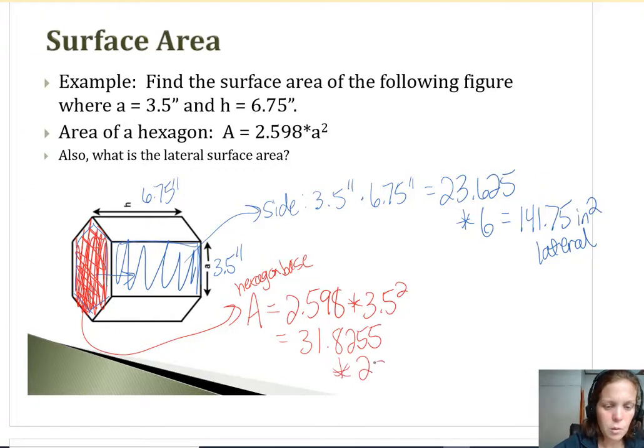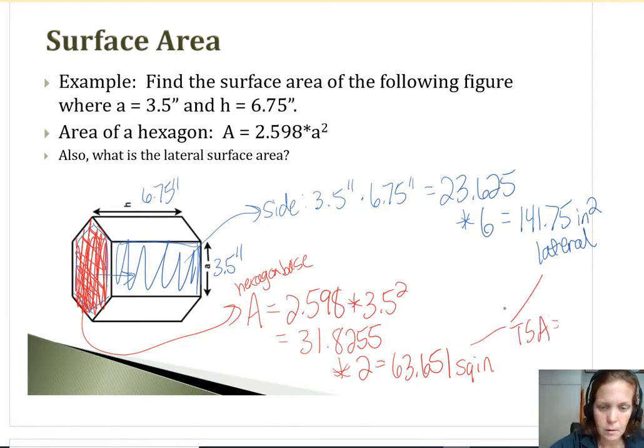That's for one of them, so we'll double that: 63.651. And this is all area, so still square inches. To get the total surface area, I'm just going to do TSA. Add those two together, the bases and the sides: 205.4 about.